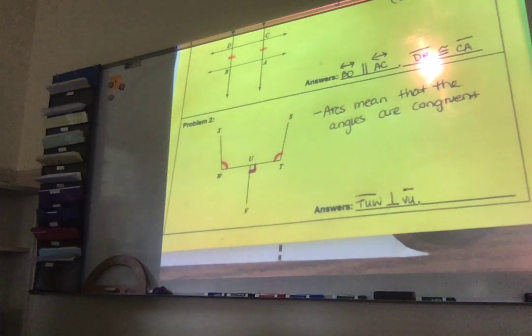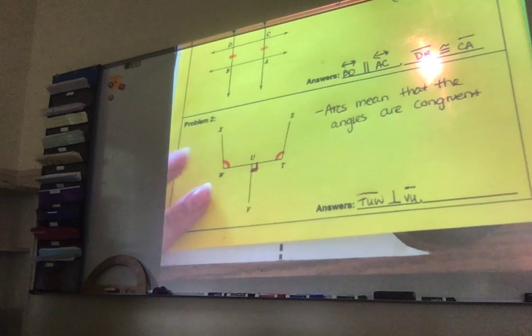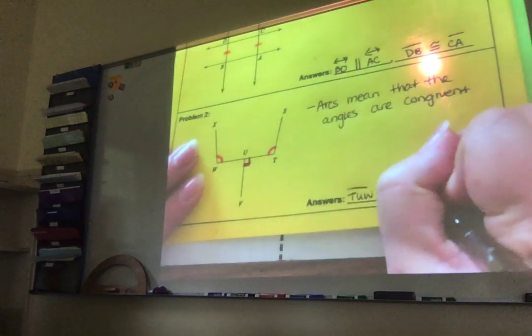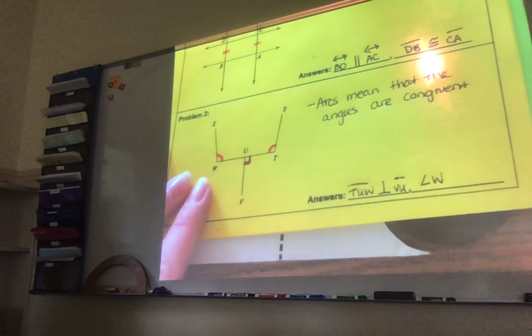And there's two ways that you could list angle congruency. One is definitely easier than the other, right? For example, how could I name this angle right here? Anybody? Angle W, okay. How else can I name the same angle though?